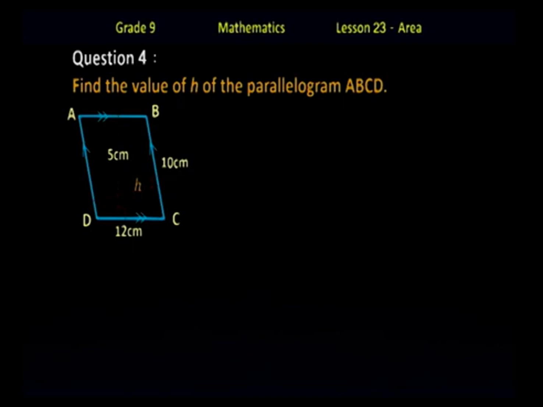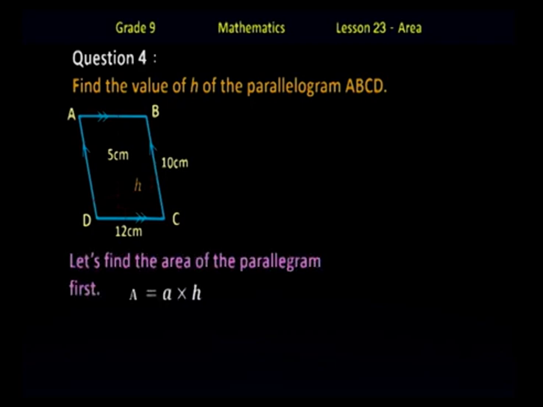Area of the parallelogram ABCD. Then let's find it. Area is 12 into 5. If you are selecting the base as 12 centimeter, then the corresponding perpendicular height is 5 centimeter. Then area is 60 square centimeters.